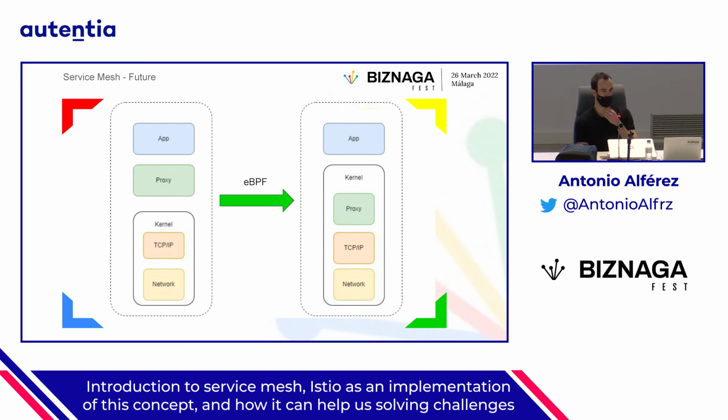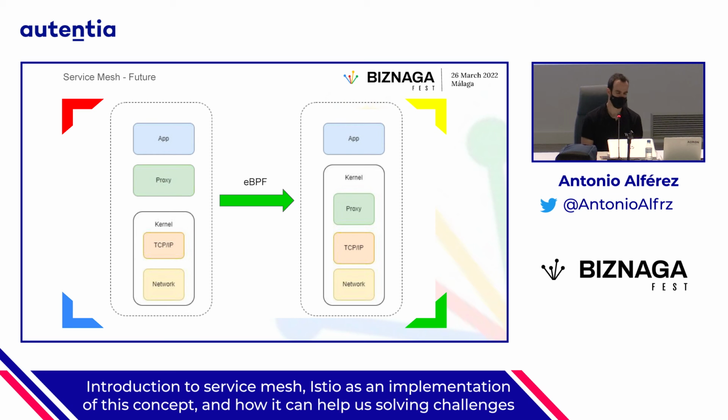And okay, what's currently going on in the industry with regards to service mesh and Istio? So we have talked about the resource consumption and the performance impact, because, as I said, we are adding a new layer between the application and the network.